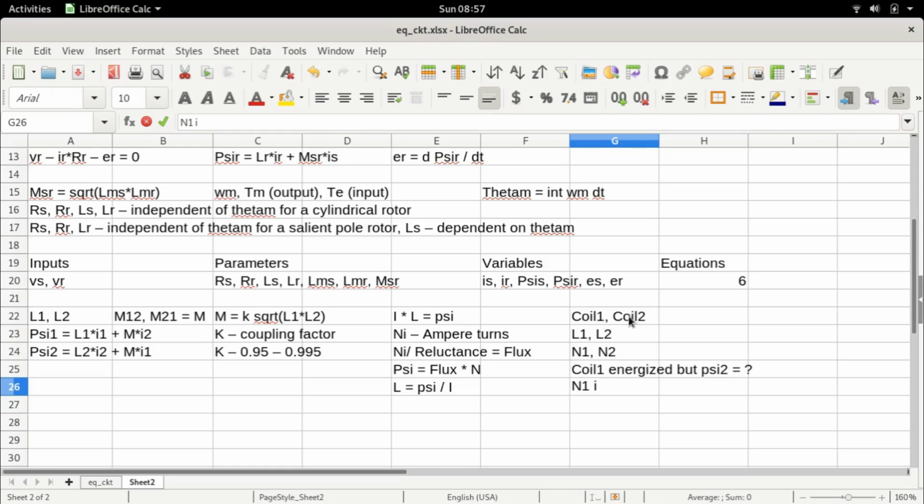So here again, we can of course use more or less the same procedure. Let's say for example that a current I1 is flowing through coil 1. So therefore this is the ampere turns of coil 1. AT is merely an acronym for that. So if there is a current I1 flowing through coil 1 which has N1 turns, then N1 into I1 is the ampere turns of coil 1.